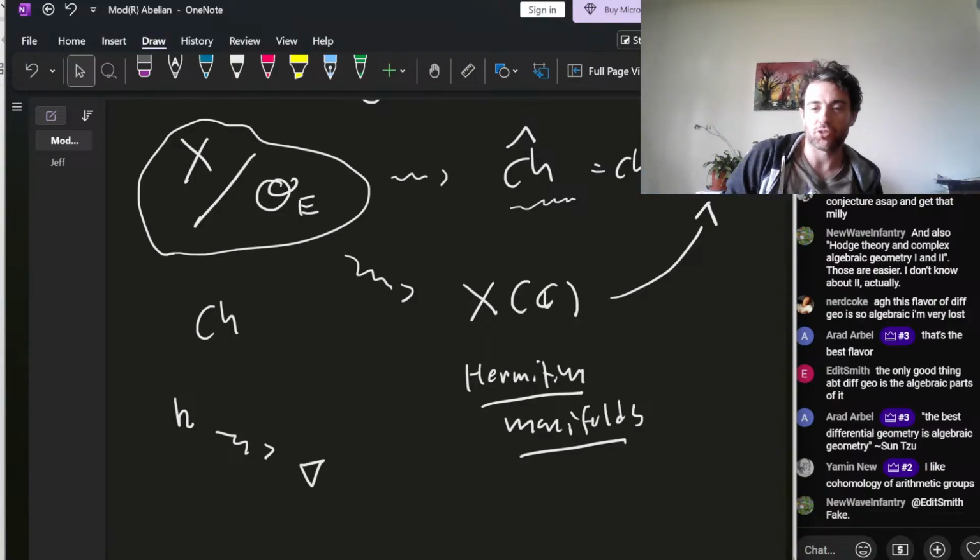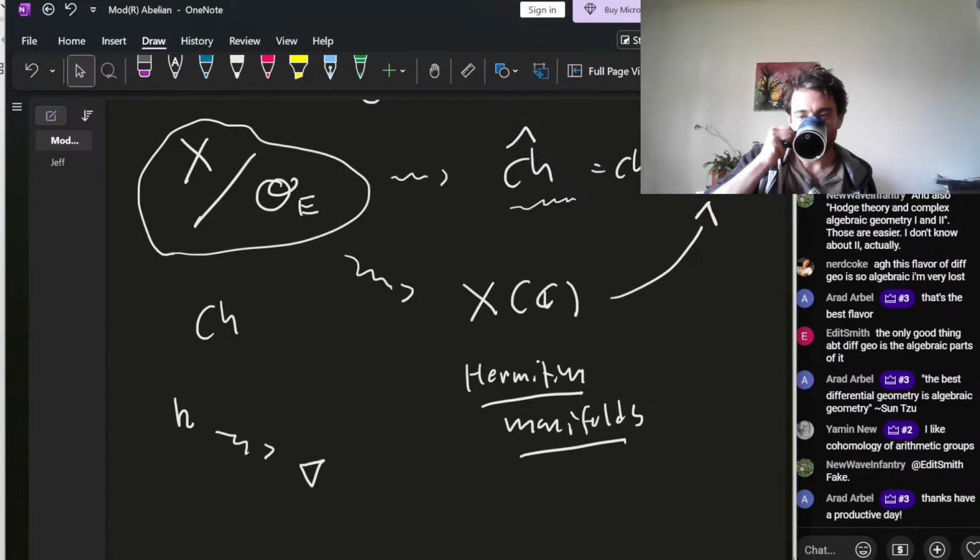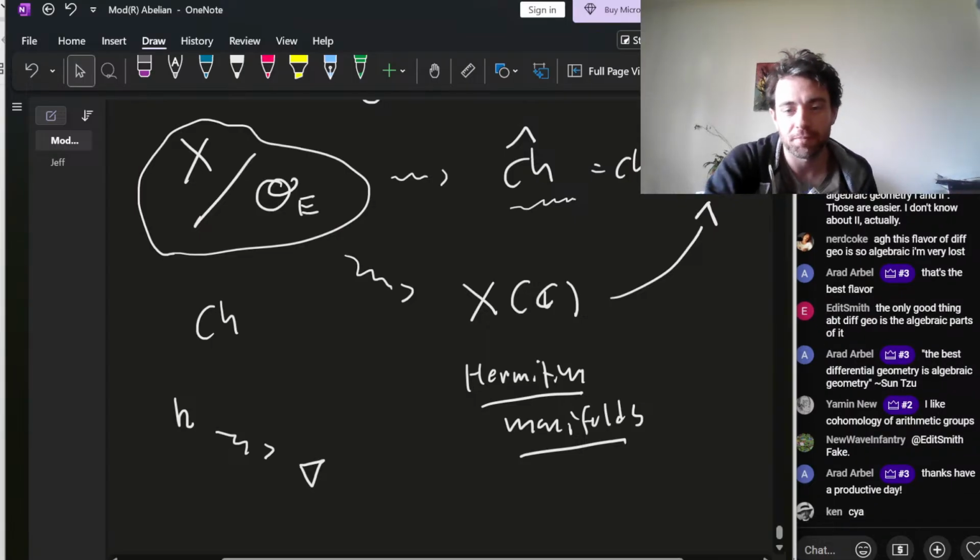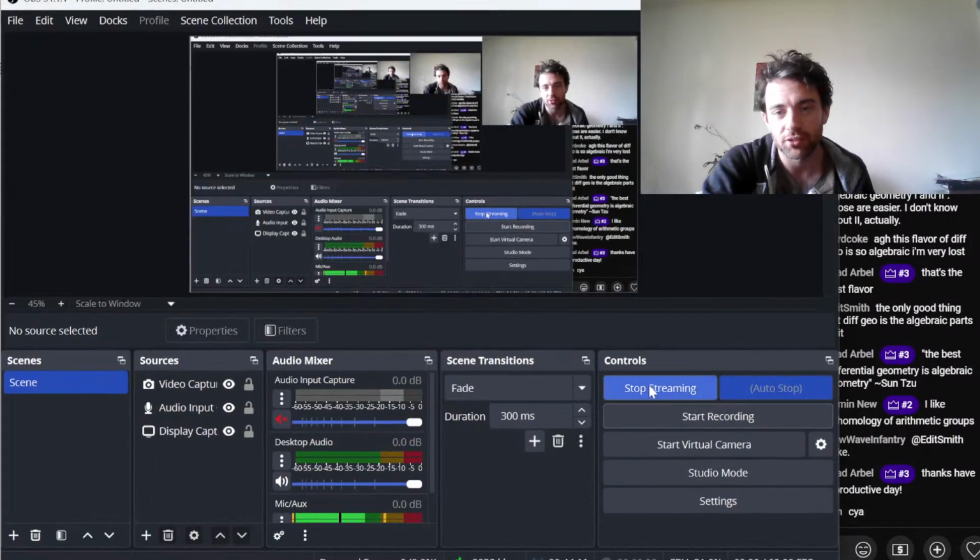Do some computations with Tor, but now that you've seen Ext in detail, you're probably more prepared to go read about Tor. It's a very, very similar sort of thing. You too, Arad. Have a productive day, everyone. Go prove some things about Tor.